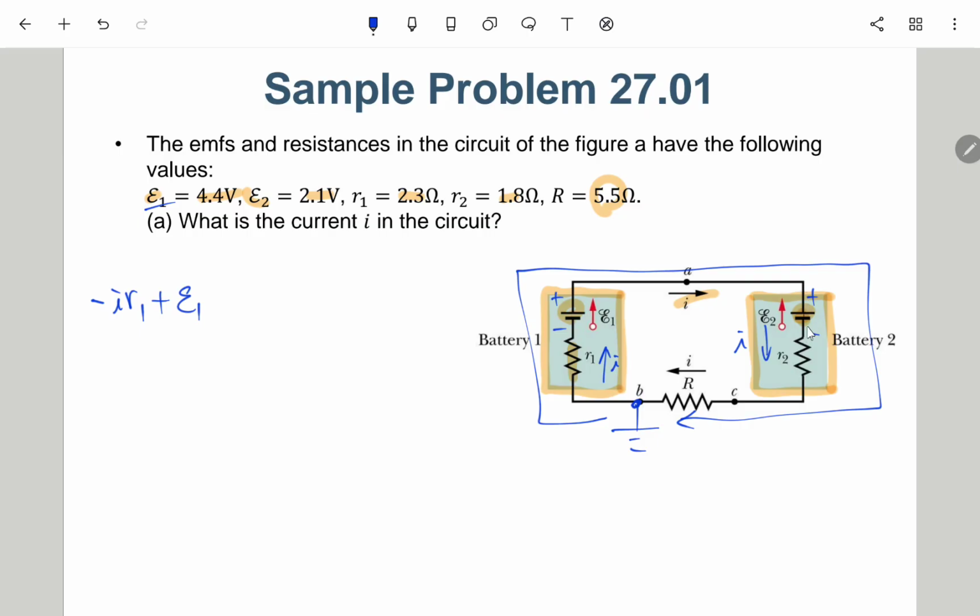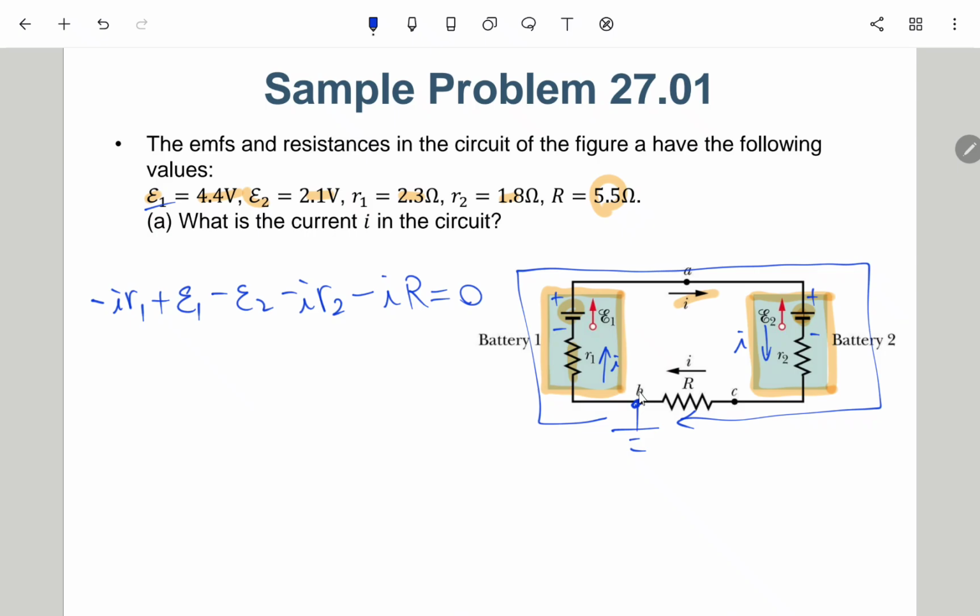From here to here we should subtract E2. Then from this node to here, IR2 should be a minus. Then we go to point C, and finally we have capital R from here to here, so we subtract I times R, equals 0, because we go back to the starting point again.